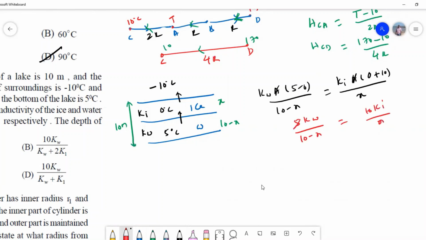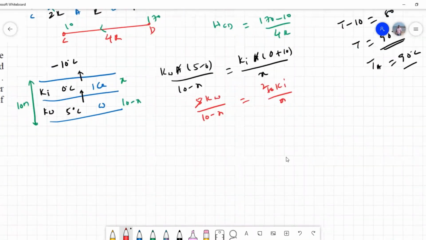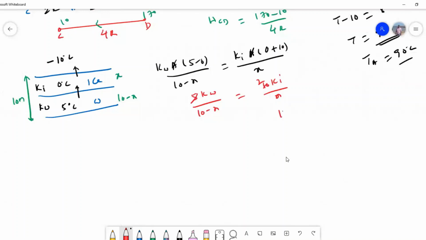So this will go by 2 times. Now you just cross multiply that. So this is Kw x is equal to 20 Ki minus 2x into Ki. If I take x common, Kw plus 2 Ki is equal to 20 Ki.